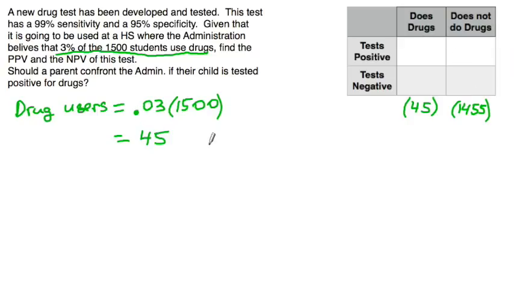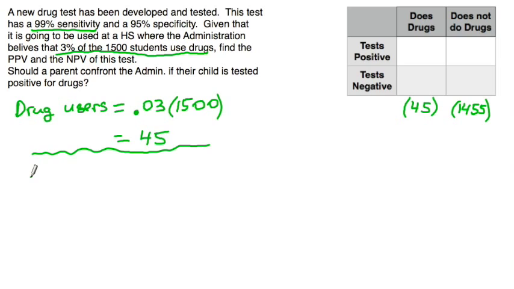So we need these two numbers. To get to that, we're going to use the sensitivity and the specificity. So if it has a 99% sensitivity, that's pretty high. It's going to catch the drug users 99% of the time with only 1% of error. So we're only talking about these guys. Out of the 45 that actually do drugs, this is going to catch 99% of them.